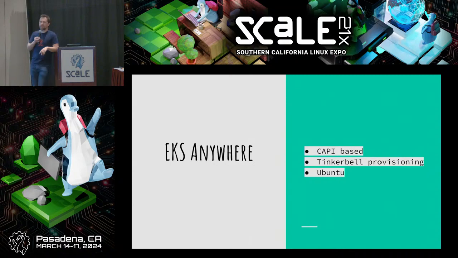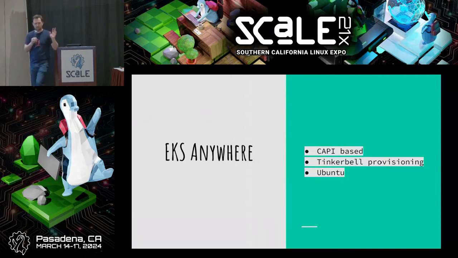Tinkerbell is a generic OS provisioner that came out of Equinix Metal. It's a very interesting tool, and it is a very complex tool. When you put CAPI on top of it and you run it in Kubernetes, again, I do not think that every tool that you're running in your data center should be running in Kubernetes, especially the core services that are required to spin up Kubernetes.